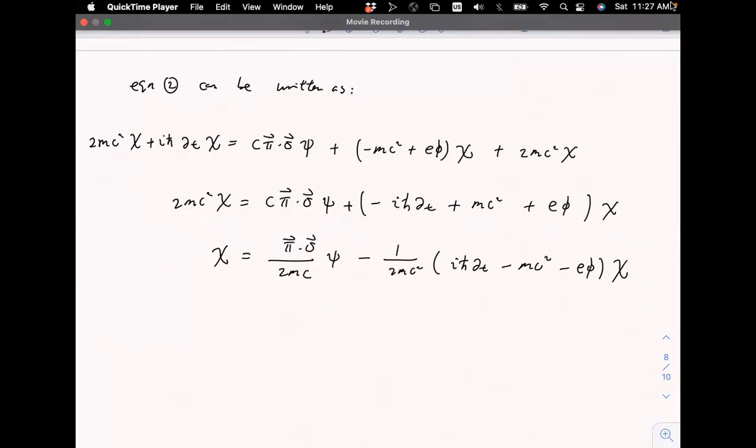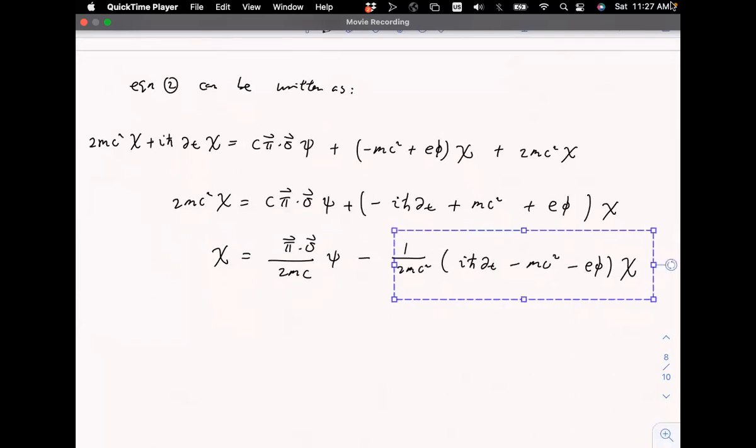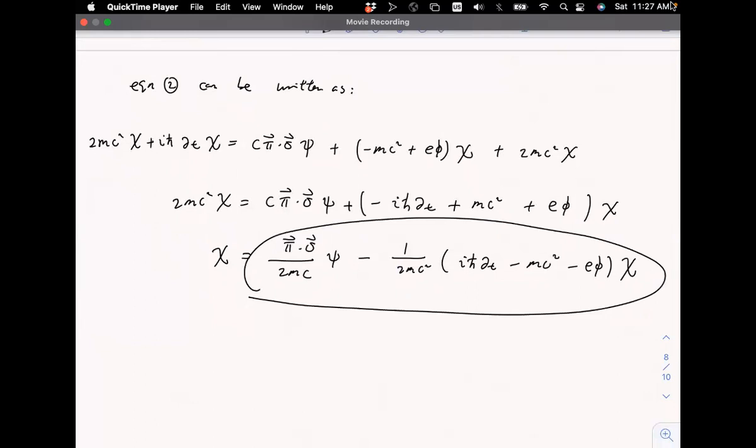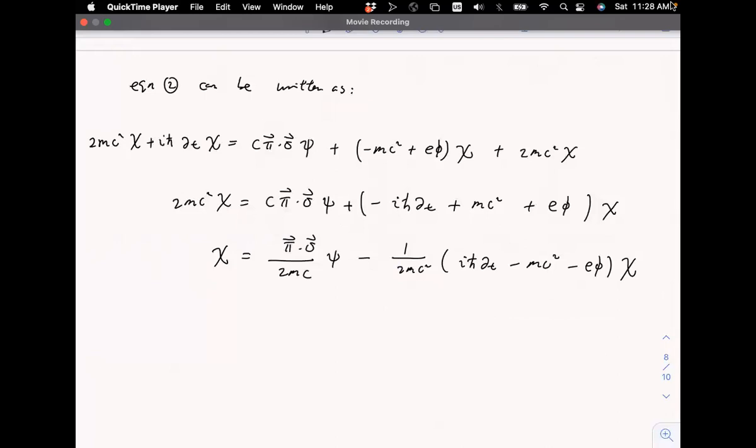Okay, so the major term is this one. So here you can do iteration. That means you put this whole thing back to here. You keep doing this, then you're going to have an iteration. We can do iteration on chi.